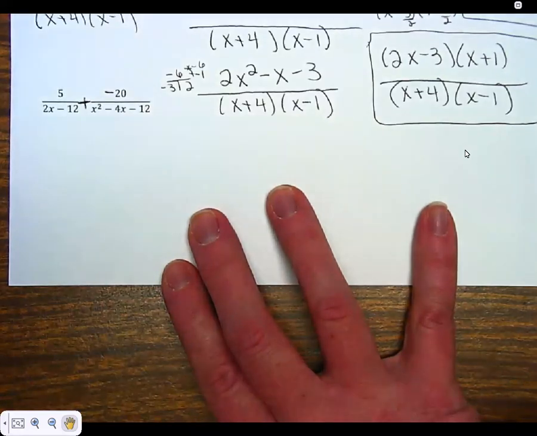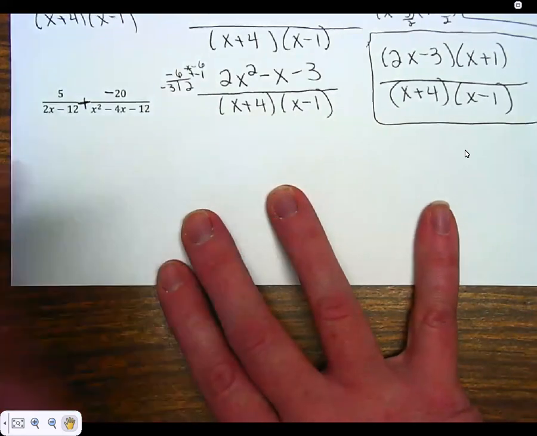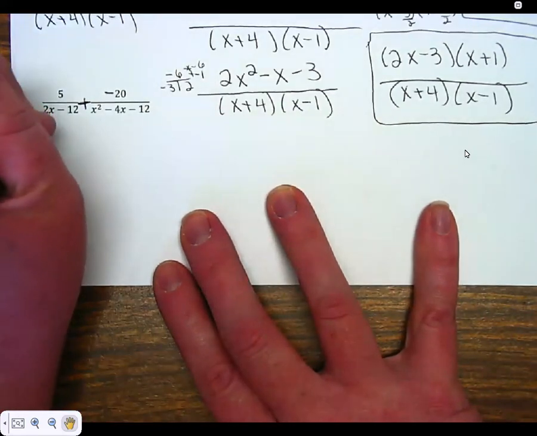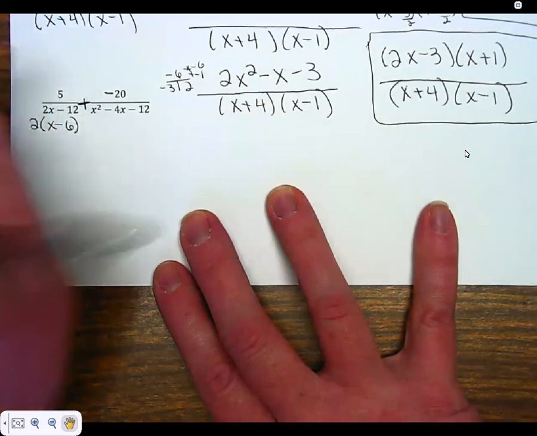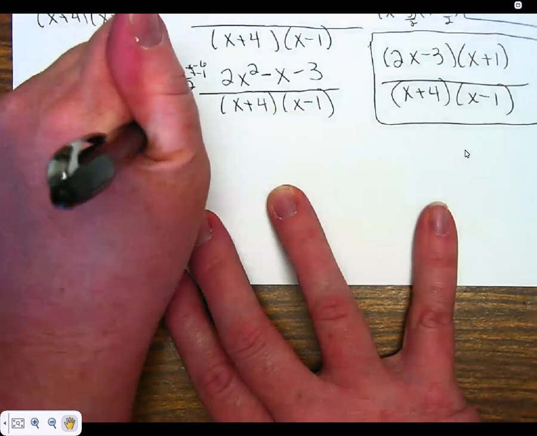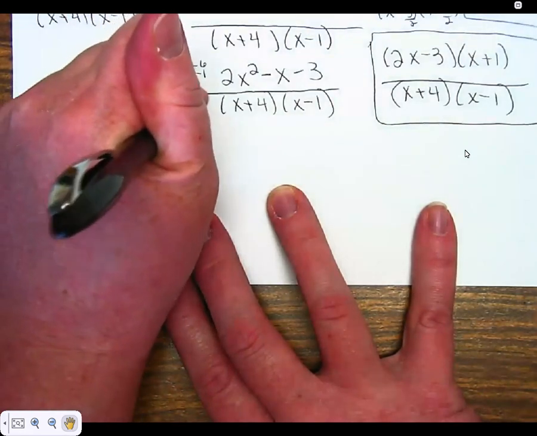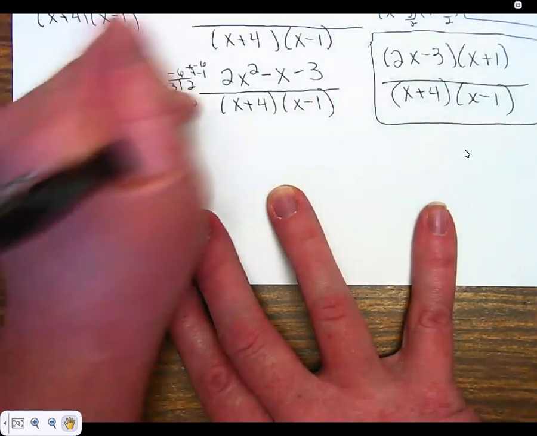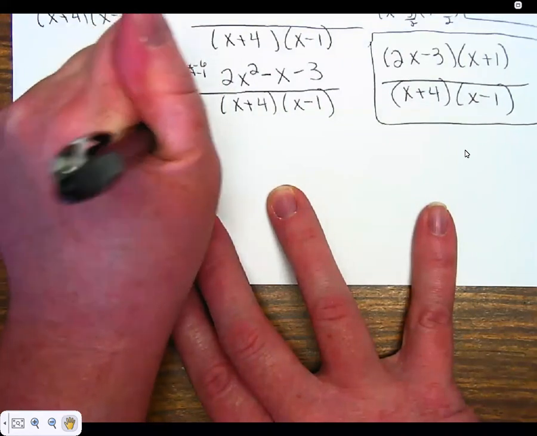And then you want to factor all your bottom parts. So 2x minus 12, you can factor the 2 out and have x minus 6. X squared minus 4x minus 12, you get -12. Need two numbers that multiply to be -12 and add up to be -4, which would be -6 and 2.